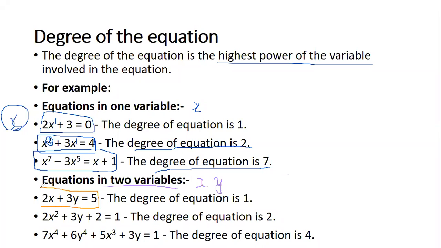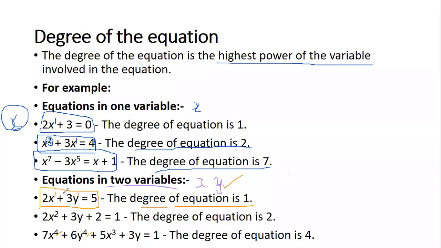If you see, for x the highest power is 1, for y also the highest power is 1. So in this case, the degree of equation is 1. Usually with two variables, x and y will have very similar highest degree. Or if at all x has the highest degree, then that is the degree of equation.